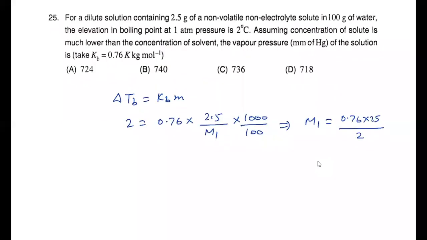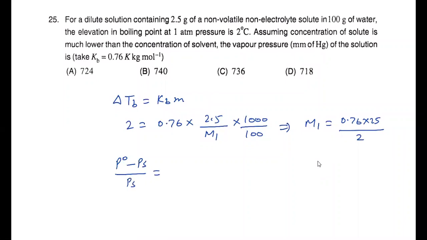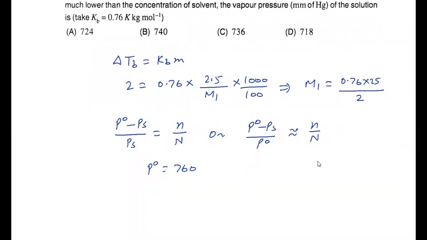That means you have to write the formula: P naught minus Ps by Ps is equal to n by N. The number of moles of solute by solvent you have to report, so when it is given a dilute aqueous solution, you can write P naught minus Ps by P naught is also approximately equal to n by N. So instead of P naught, we can use 760 because we are considering the solution at its boiling point.